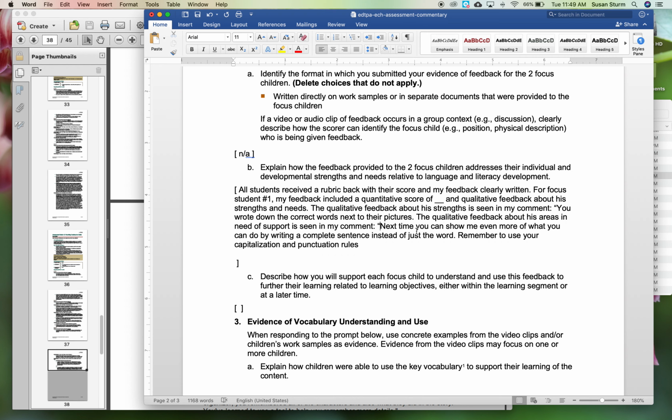So do some like next time blah blah blah, and if you don't have this on your assessments already, put it on there so that you can make sure that you've got this feedback. Make sure you use capitalization.